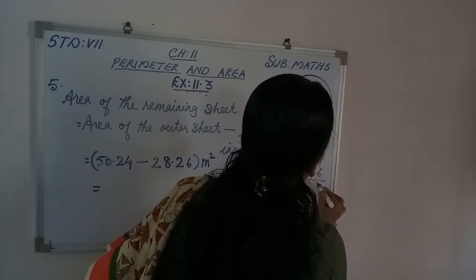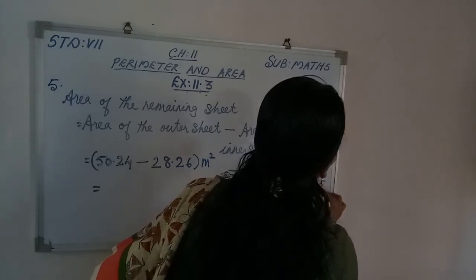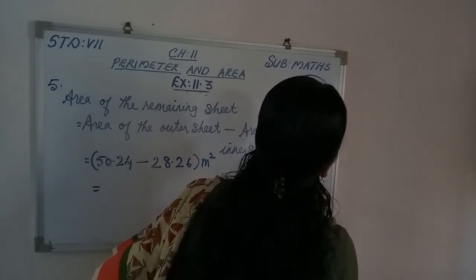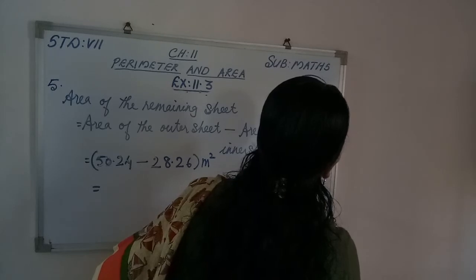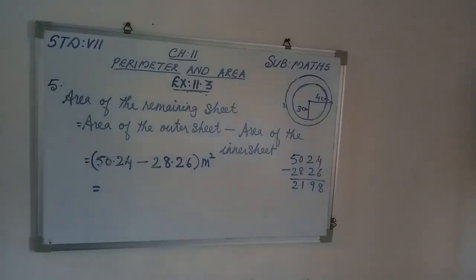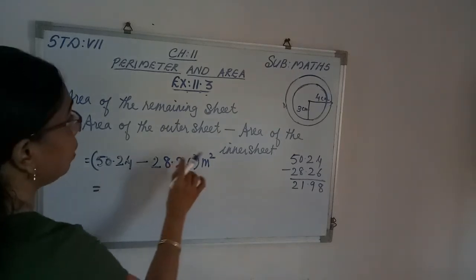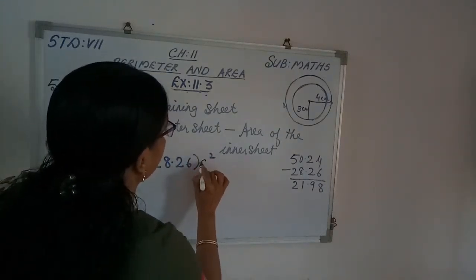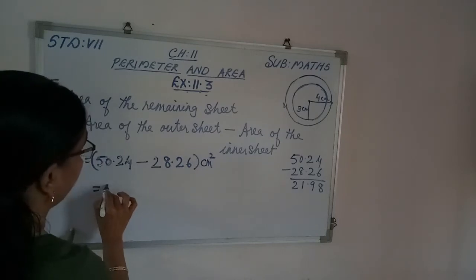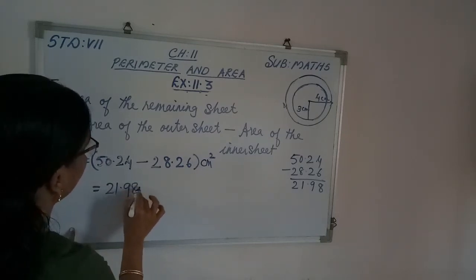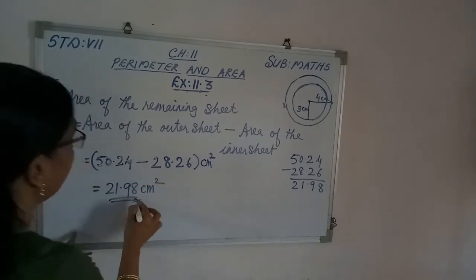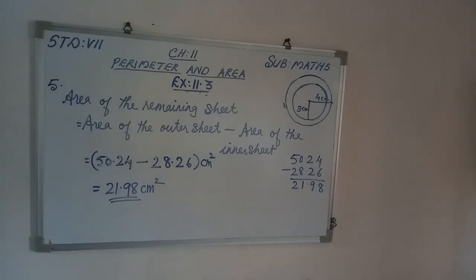That is 21.98 centimeter square. It is centimeter, not meter. Centimeter square. 21.98 centimeter square. That is the area of the remaining sheet.